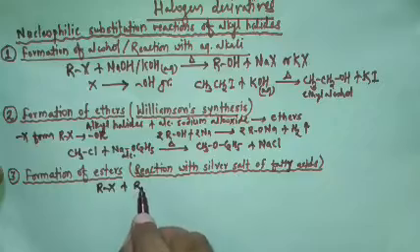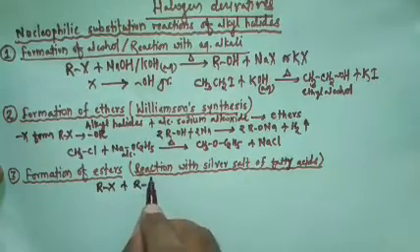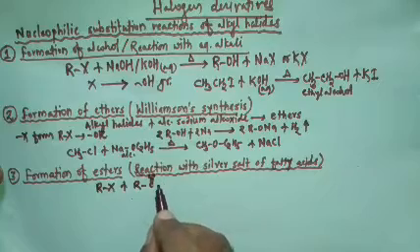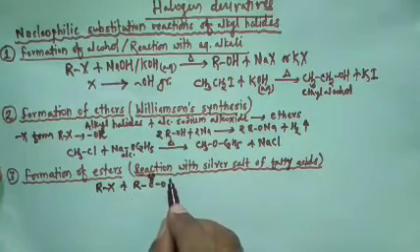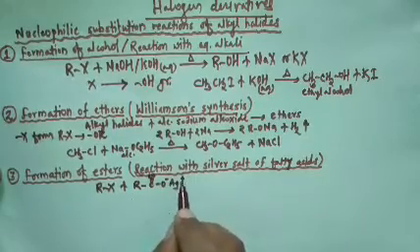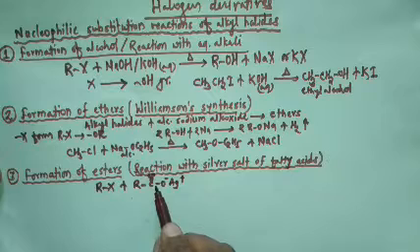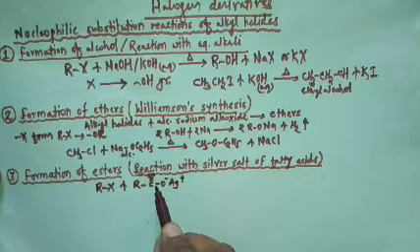Silver salt of fatty acid has the formula RCOO minus Ag plus. This is the silver salt of fatty acid, or it is also called silver carboxylate.